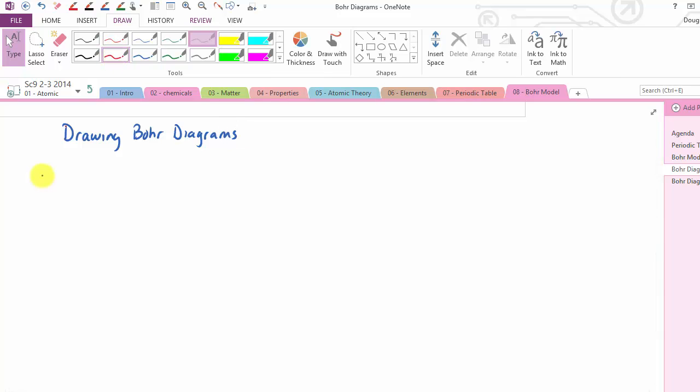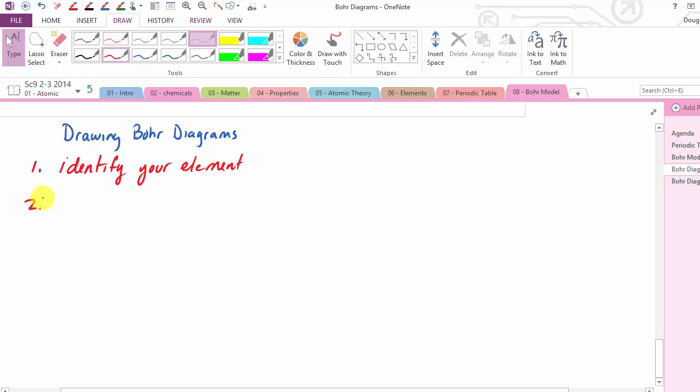So we've got to go through a few steps. First step is you need to identify the element you're trying to draw the diagram for. So identify your element. Step 2 would be to find the atomic number of that element.